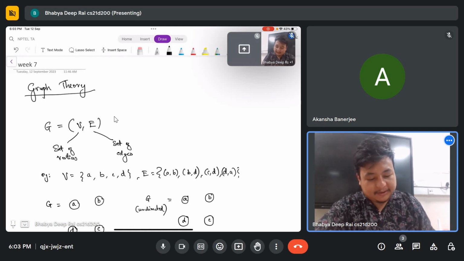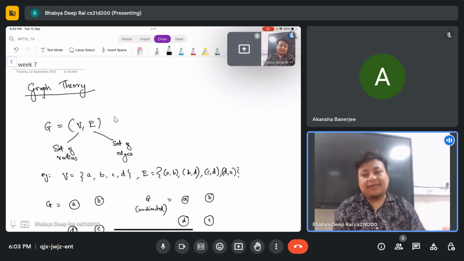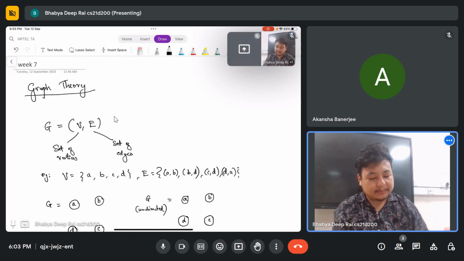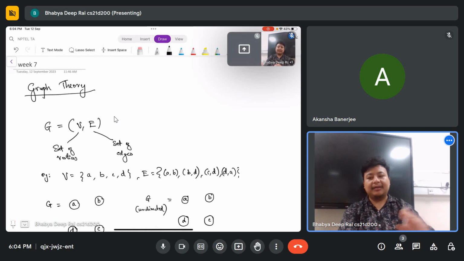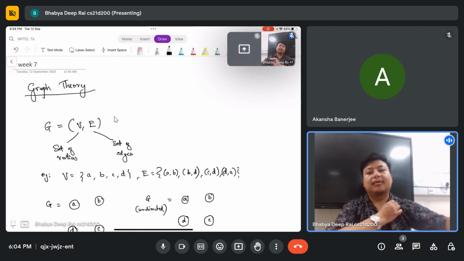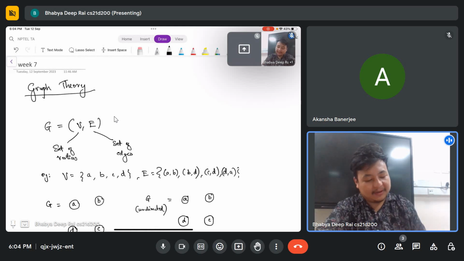Today we'll be talking about graph theory, which is the main subject of week number 7. I'll be doing less of the introduction part, and mostly I'll be going into the problems that we need to solve.